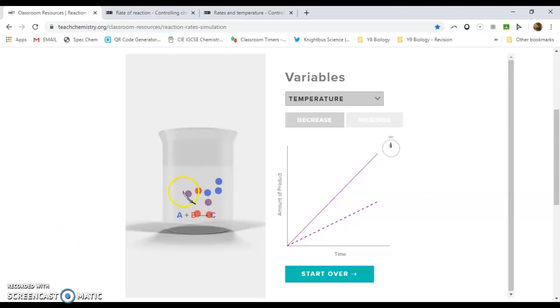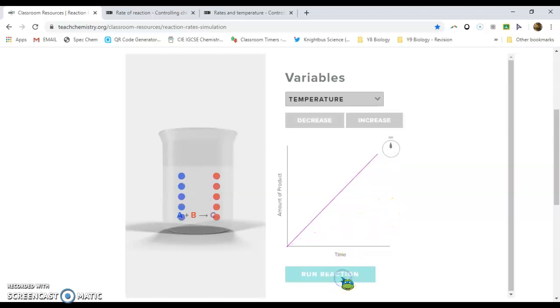So you can see that not all of them are reacting successfully. We have fewer purples than we did before, fewer purple product particles. Some of the reactants A and B, blue and red, are still there.